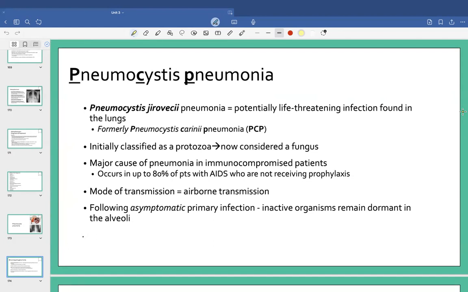Initially, it was classified as a protozoa, but it was reclassified as a fungus. The life cycle for a protozoa and fungus for this particular infection is very similar. So initially they thought it was a protozoa, but they have now determined it to be a fungus. It is a major cause of pneumonia in immunocompromised patients.